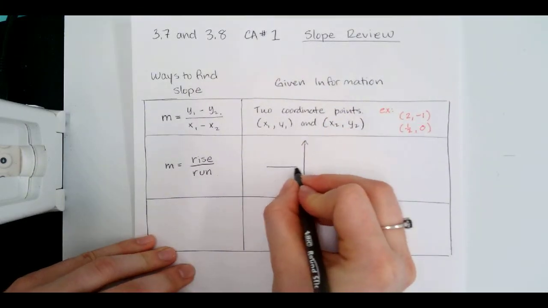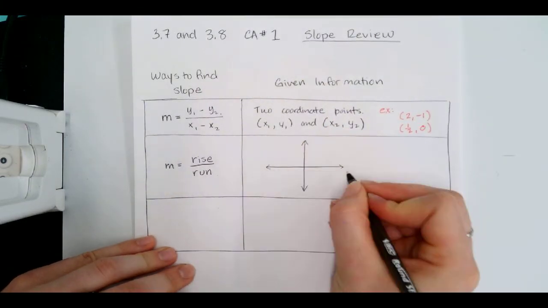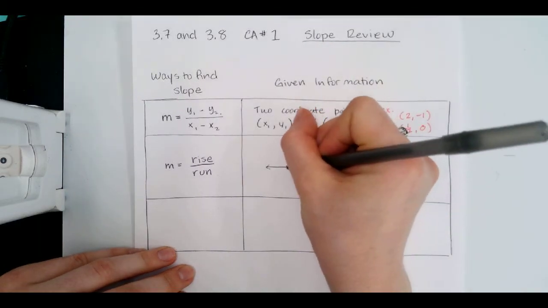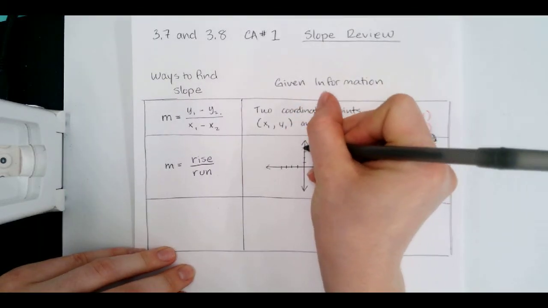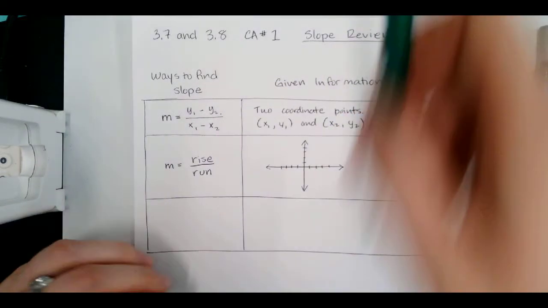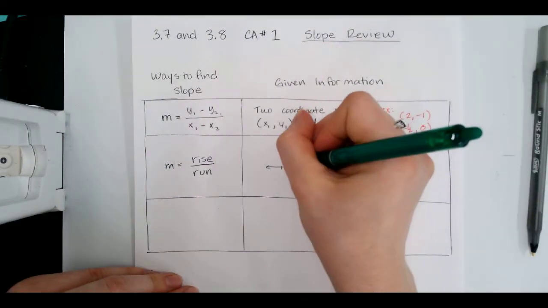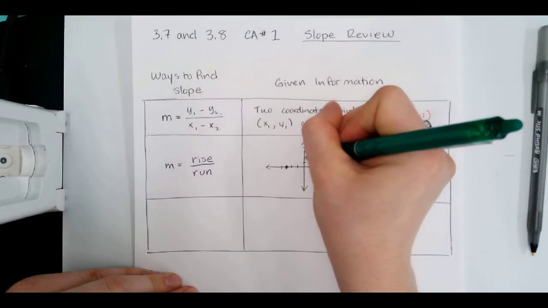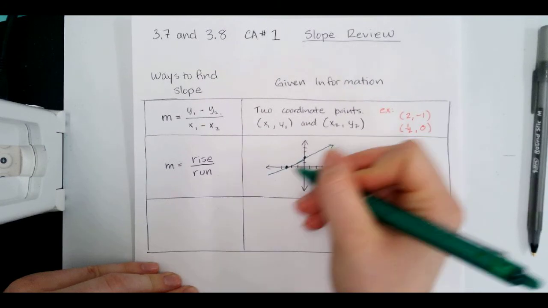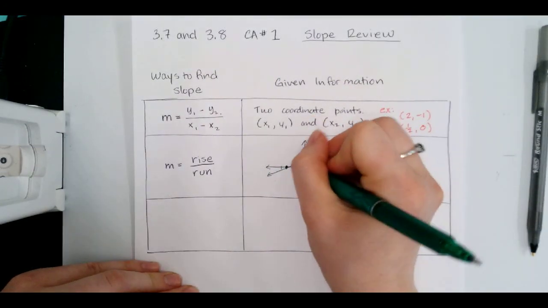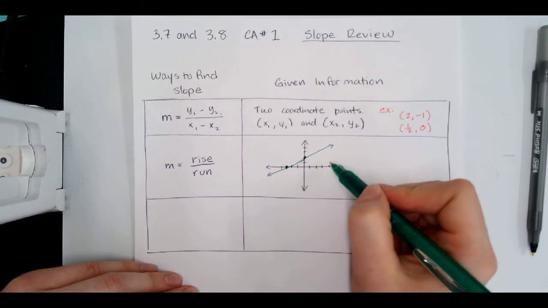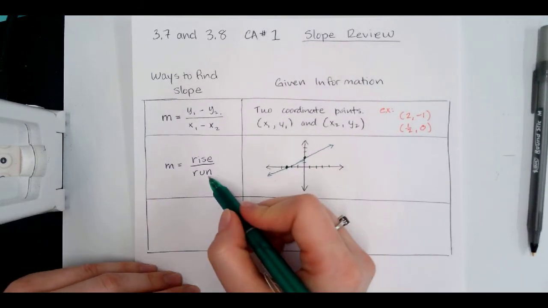So let me go ahead and draw a graph here. Sorry, I don't have my ruler with me. Okay, so let's label some points. And let's use green. Why not? Oops. Not the best line either. All right, so we're given this line, and we're asked, how do you find slope?